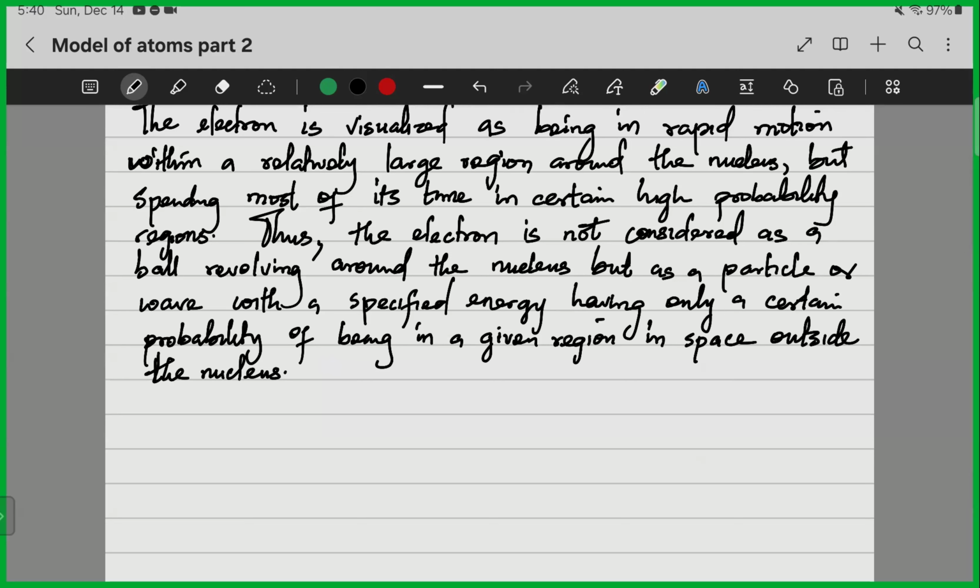So here the electron is not considered as a ball revolving around the nucleus, but as a particle or a wave with a specified energy having only a certain probability of being in a given region in space outside the nucleus.